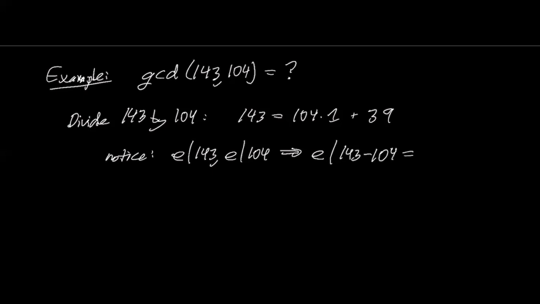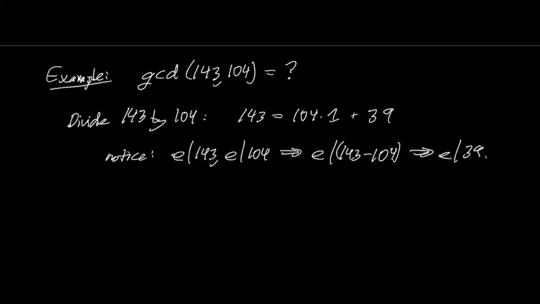So E divides 39. If I have a common divisor, it actually has to divide the difference, or in this case the remainder. So that narrows down our search a little bit.